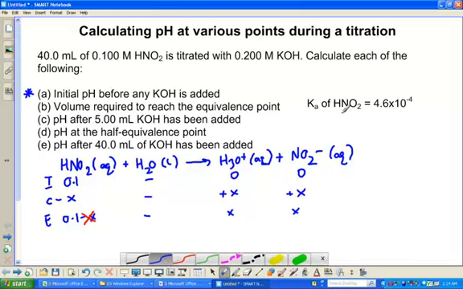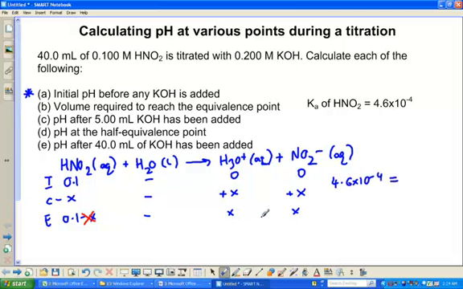So the Ka, which in this case is 4.6 times 10 to the negative 4, is equal to the concentration of the products over the reactants. The products are X times X, which is X squared. The reactants is 0.1. So that means X squared is equal to 4.6 times 10 to the negative 5.